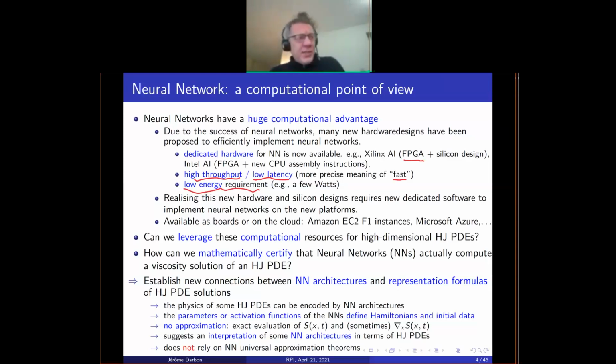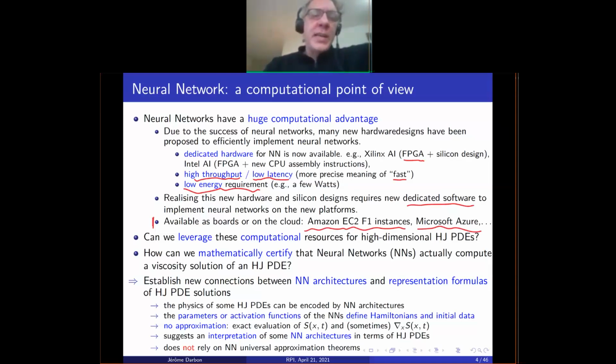In order to achieve this implementation using this new hardware, you need to use new software that is available from those companies. And those software tools are also available on the cloud. For instance, on Amazon or Microsoft Azure, you can use FPGAs and the associated software on the cloud. You have the hardware and the software to program those devices.